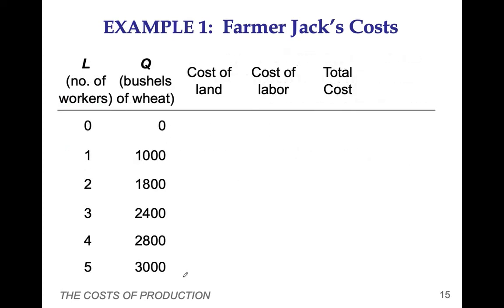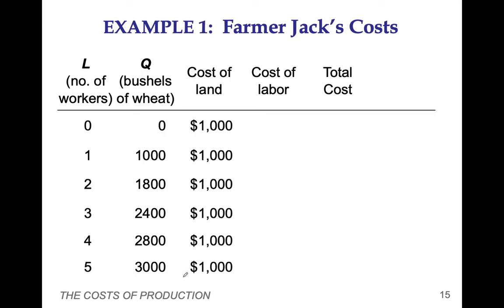So let's compute the costs of Mr. Jack. The cost of the land is fixed here. It does not vary according to the output, whether the output is 0 or 3,000. The cost is always $1,000, as you see.